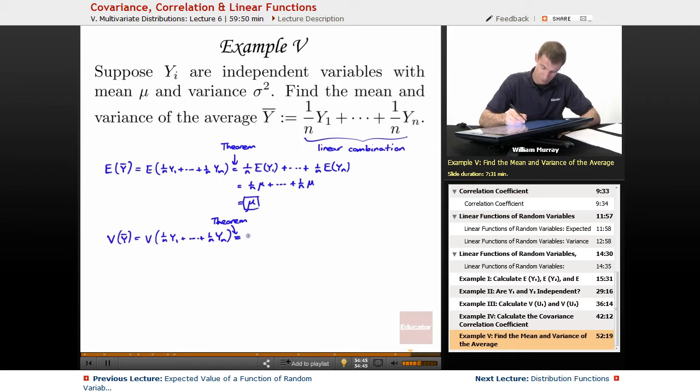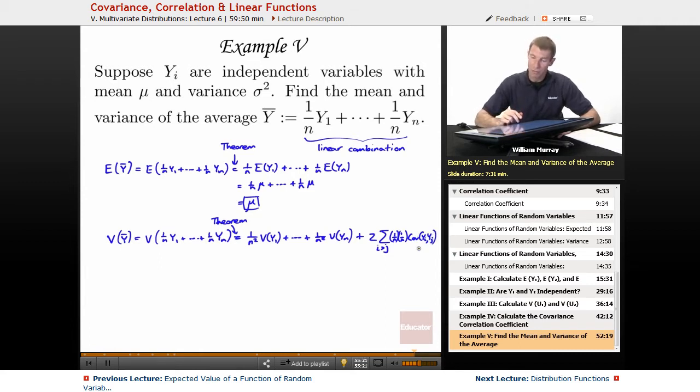The way this works is you pull out the coefficients, but you square them. So 1 over n squared times the variance of y1 up to 1 over n squared times the variance of yn. And then there's these cross terms. So there's this cross term, which is 2 times the sum as i is bigger than j of the coefficients, 1 over n times 1 over n times the covariance of yi with yj.